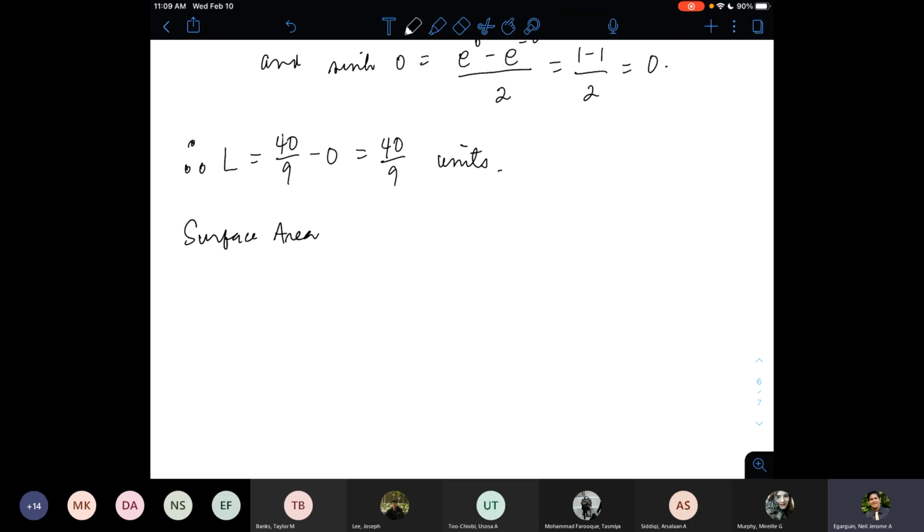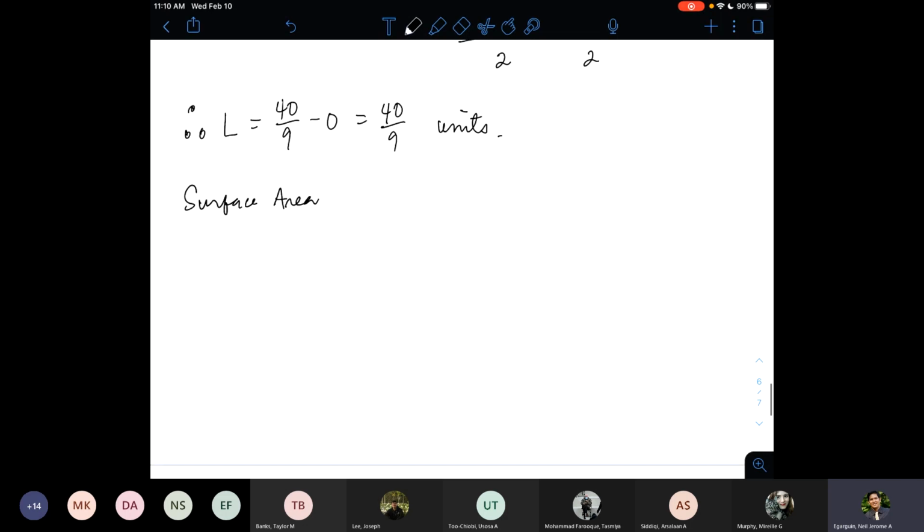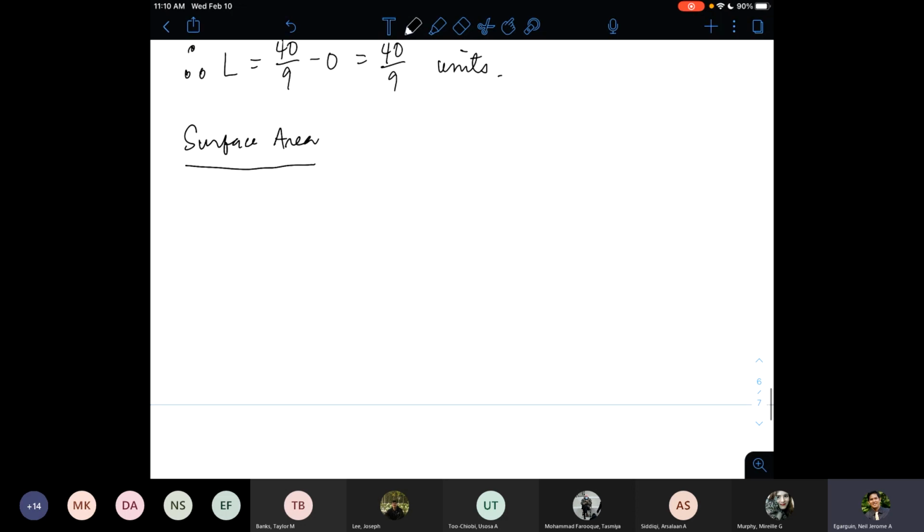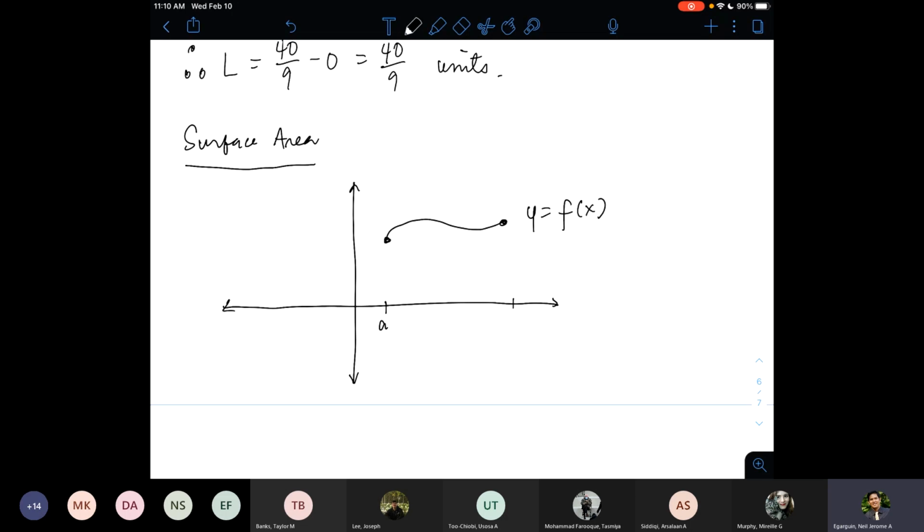I forgot which comes first, surface area or centroids. I'll go with surface areas first, though they are independent topics, so we can interchange those two. Now, the idea here is we are forming surfaces of revolution, not solids, because what we'll do here is to consider an arc. Say this is y equals f of x over the interval AB.